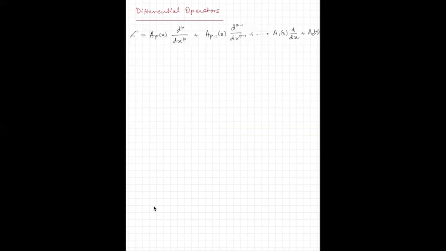This is a linear map on the space of functions. Since you have two functions, this is a linear differential operator of order p, and it's a linear map on the space of functions, since L of c1 y1(x) plus c2 y2(x) is given by c1 L of y1(x) plus c2 L of y2(x).